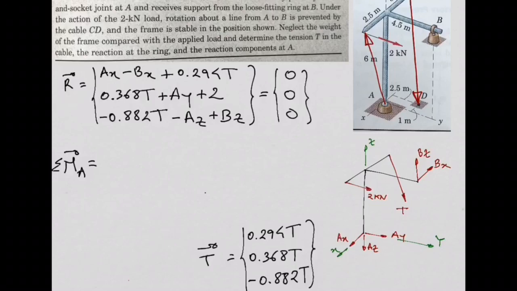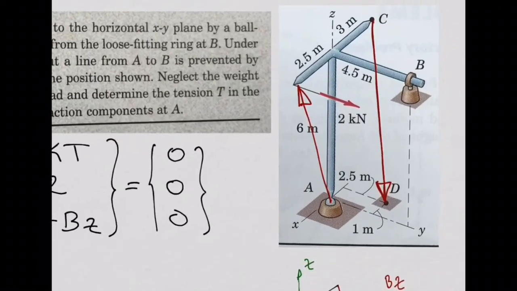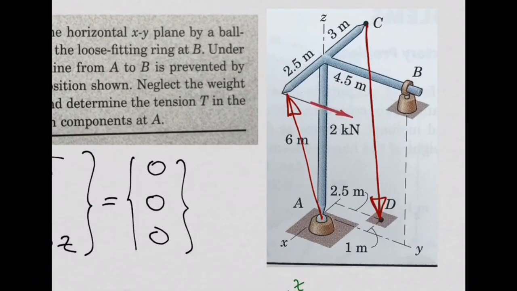When you are calculating the moment produced by this 2 kilonewton about point A, you need to define a position vector connecting point A and the point where the force is applied. Okay? So we need to define this vector. X component. Let's do it. We need to speed up a little bit. X component of this vector here in red. What do you think should be the X component?